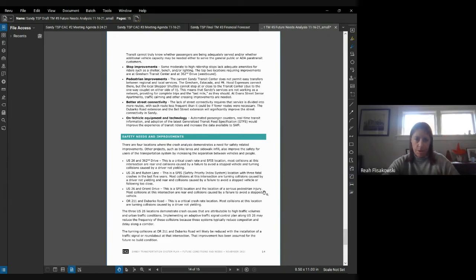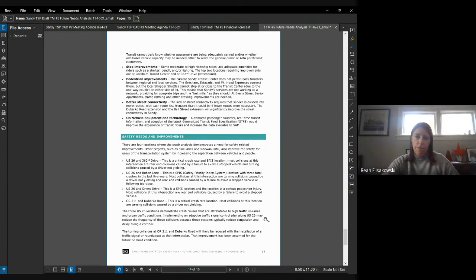I know both Orient. Hold on, I'm scanning really quick while I talk to you guys. No, it was Reuben that had the pedestrian issues. I think the other 2 were pretty much the rear end collisions that we had talked about before. And then 211 at DeBarco was just turning collisions caused by drivers not yielding.